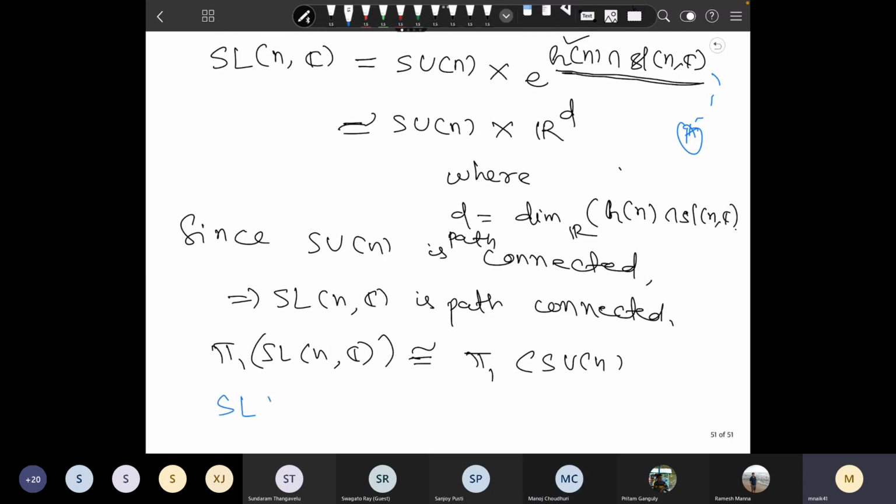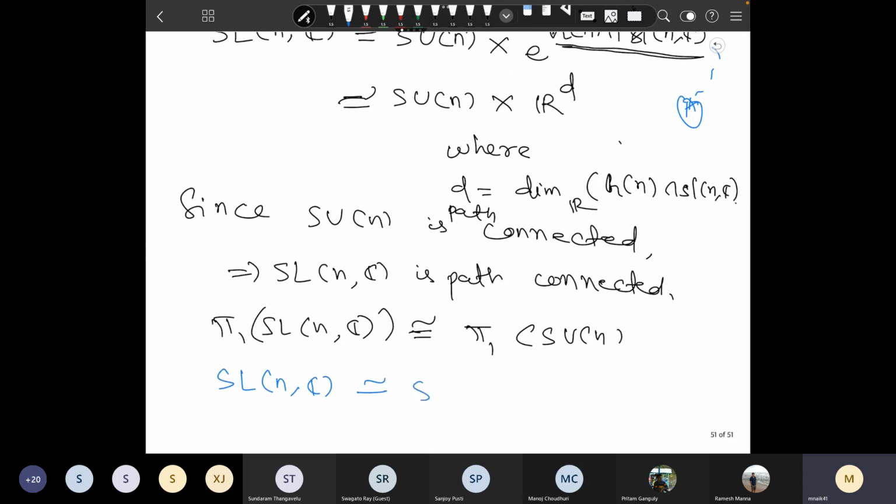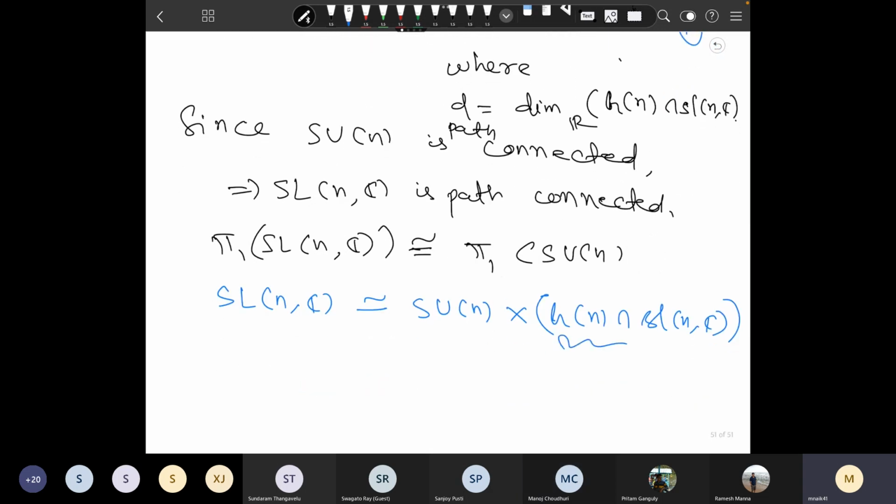So this is homeomorphic to SUN times this HN intersection SLNC, and this is a real vector space, because the intersection of two real subspaces is a real subspace. So this is SUN times some R to the power D, where D is the dimension of HN intersection SLNC. Is it clear?